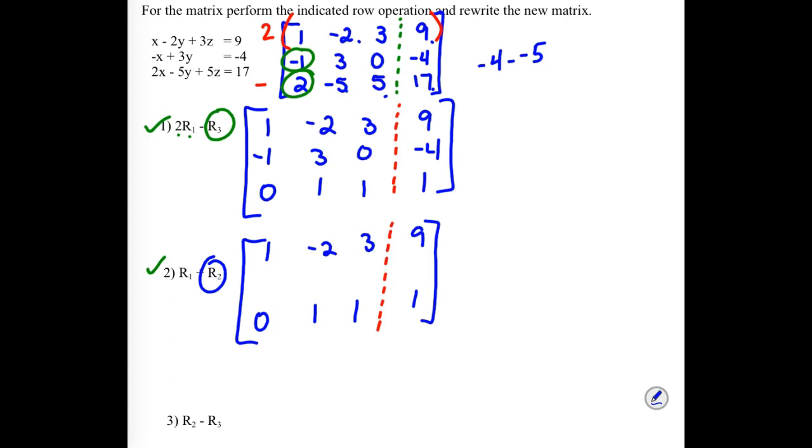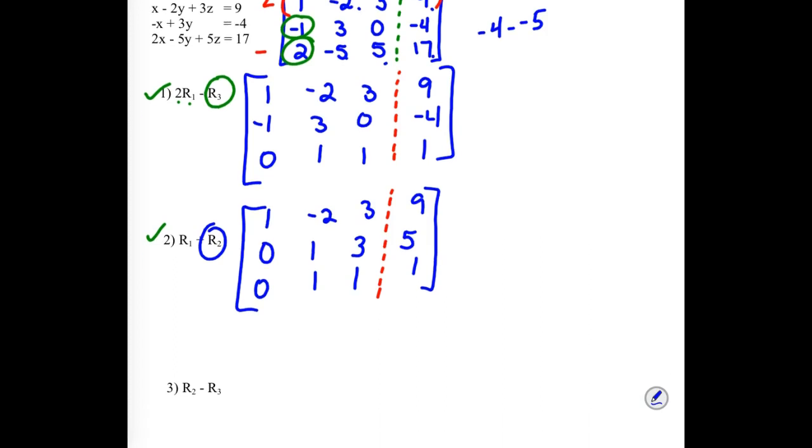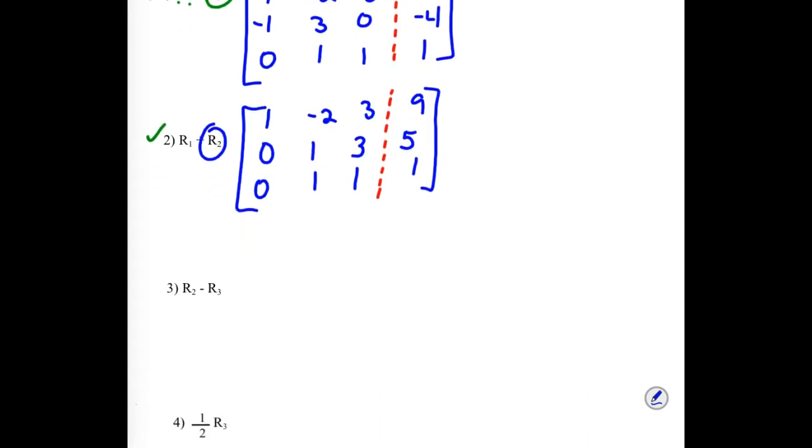If I add row 1 and row 2, 1 plus -1 is 0. -2 plus 3, 3 plus 0. 9 plus -4. Okay, is my first column done? Okay, I can move to my second column.